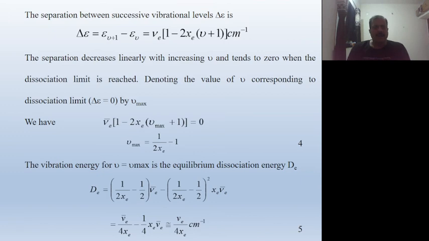The vibrational energy at nu equal to nu max is the equilibrium dissociation energy De, and therefore De is equal to 1 upon 2 Xe minus half into nu bar e minus 1 upon 2 Xe minus half square Xe into nu bar e. This is the change of dissociation energy.